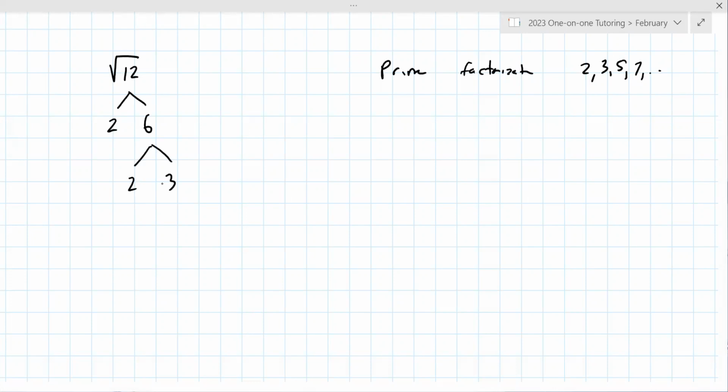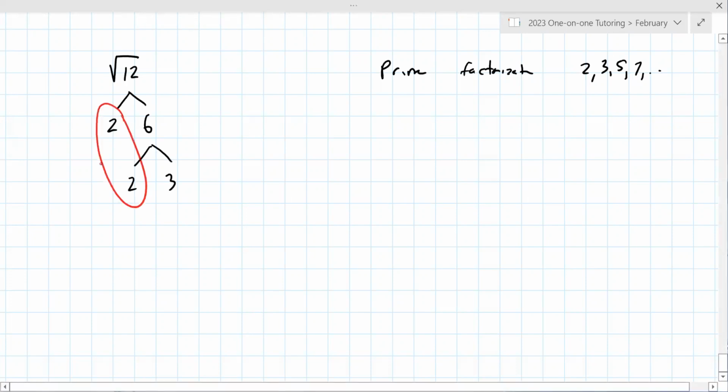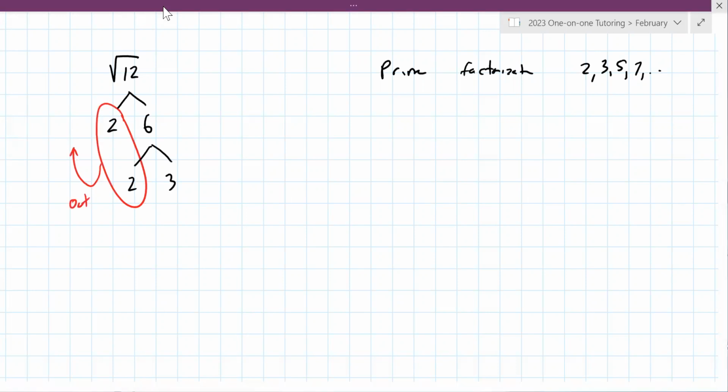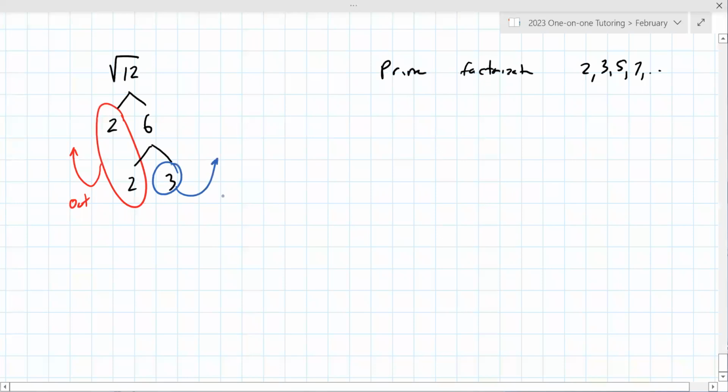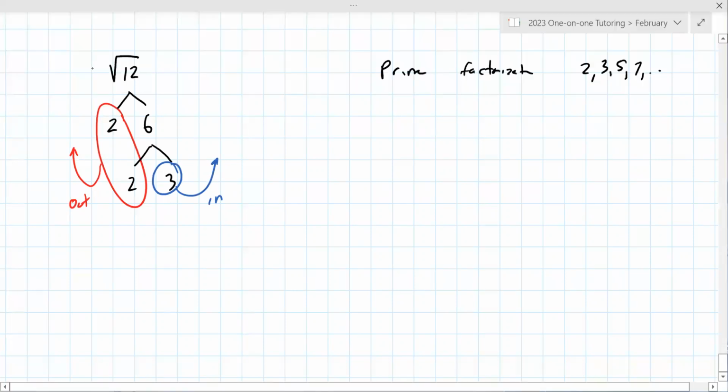Right. So you bring a 2 out, a 3 in. Okay. So that's 2 square root of 3. Got it.